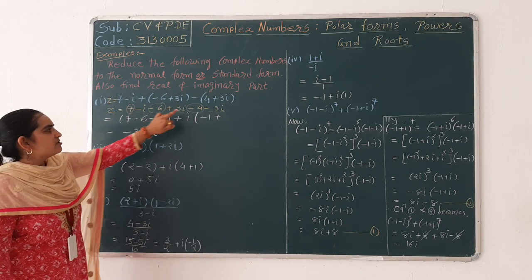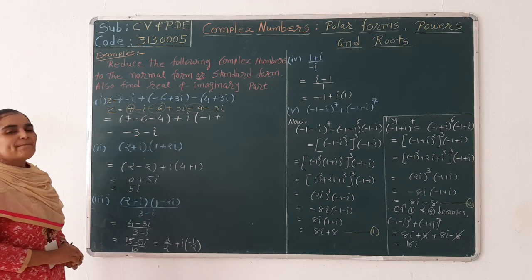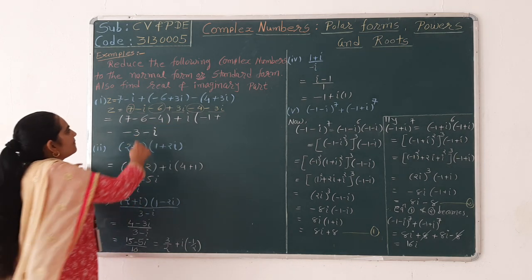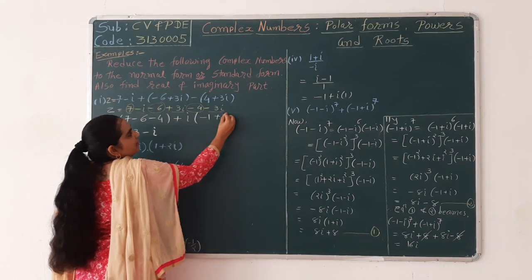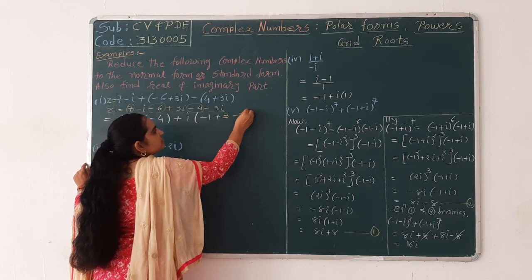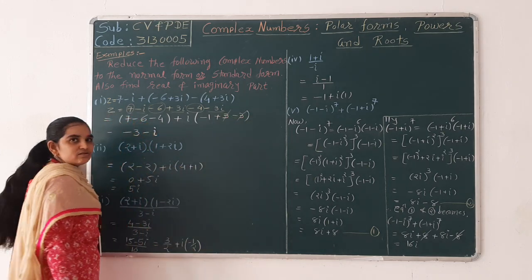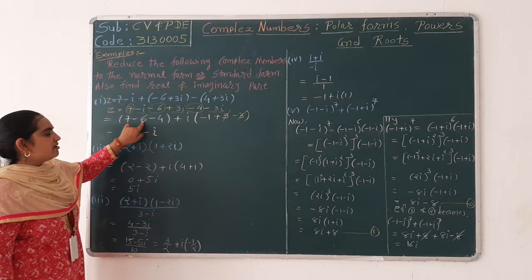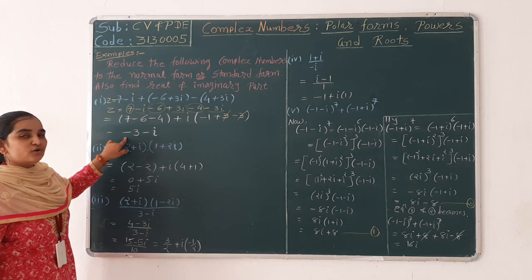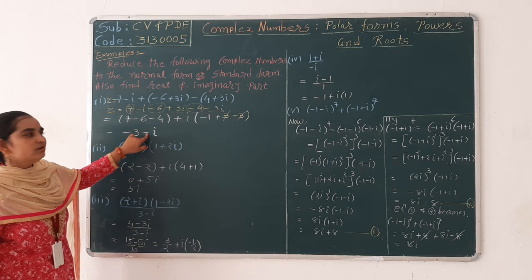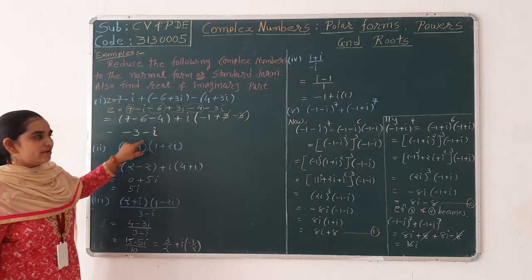Therefore 7 minus 6 minus 4 plus I times (minus 1 plus 3 minus 3). This plus 3 minus 3 will be cancelled out. Therefore 7 minus 6 minus 4 is equal to minus 3, and minus I.